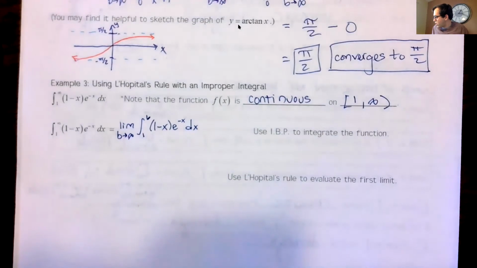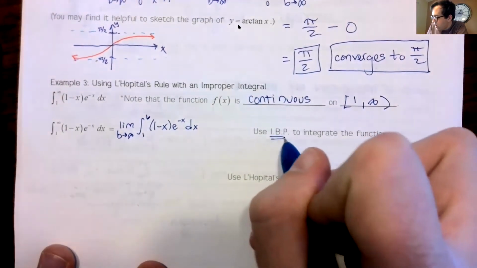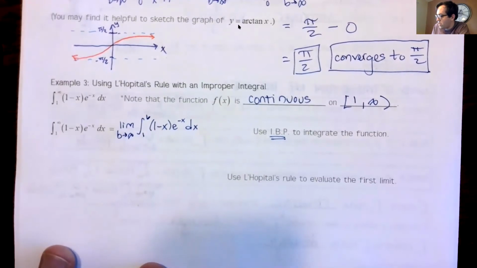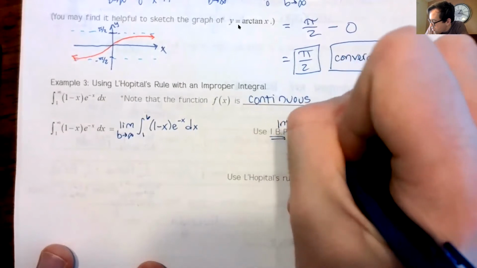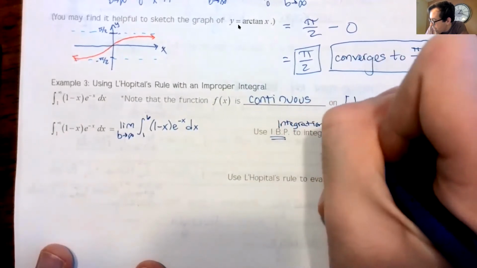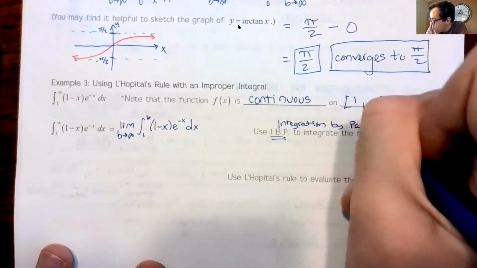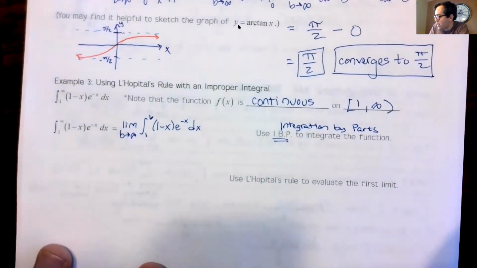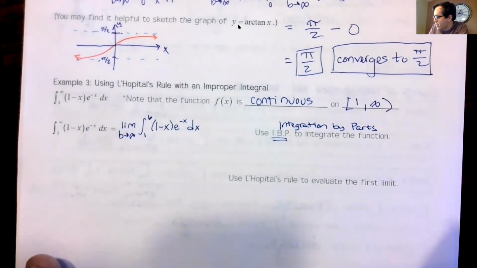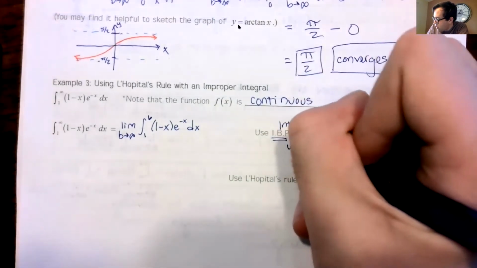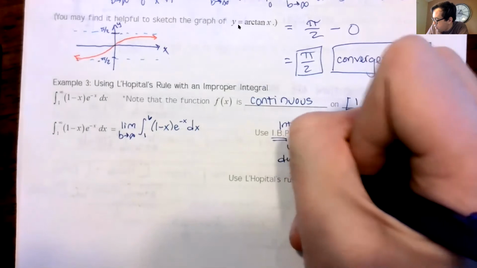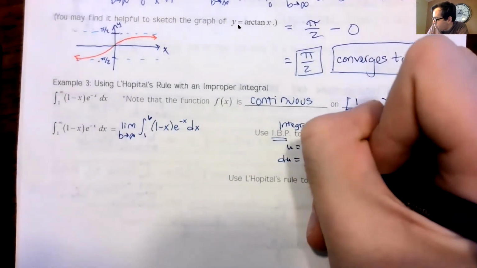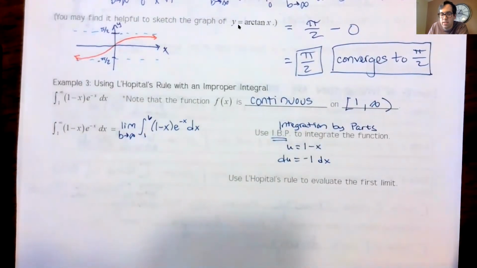And we are going to start off by using IBP, which stands for integration by parts. So if we do that, what we will find is that our u is going to be the 1 minus x. Our du is going to be negative 1 dx.